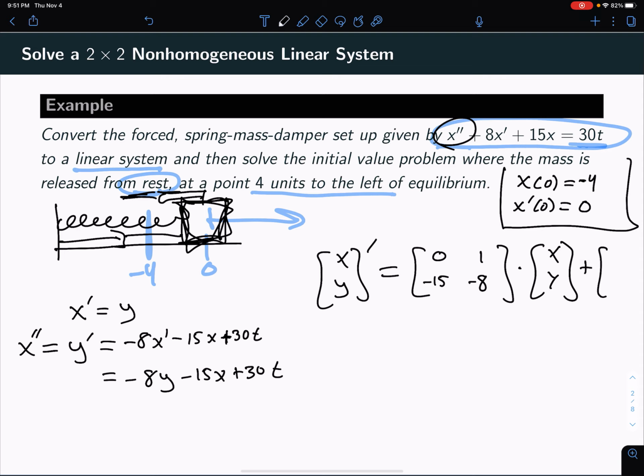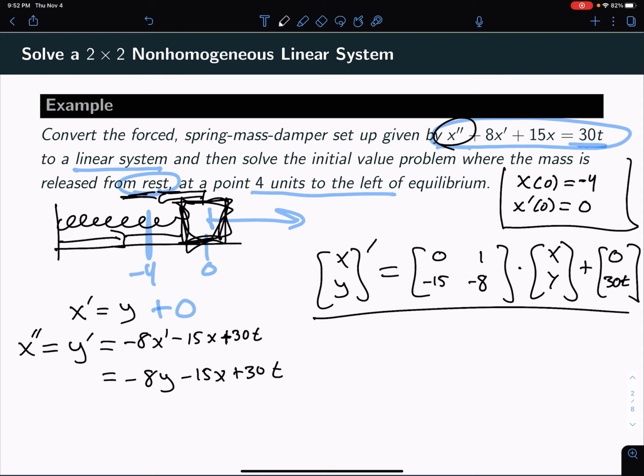But there's a forcing term, and the forces are applied to acceleration, so we're going to have 30t on the y prime. There's no forcing term on x. So that is converting it from a second order linear forced differential equation to a forced first order system of position velocity.